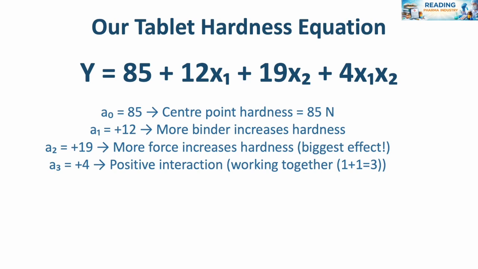So basically they work together. So this is like 1 plus 1 equals 3. Basically there is an augmented effect if you think about it. And again, that is expected. If you increase one of them, the hardness will increase, and if you increase the other one it will increase, and both of them together lead to higher hardness of the tablet.